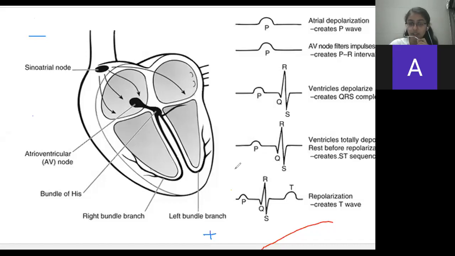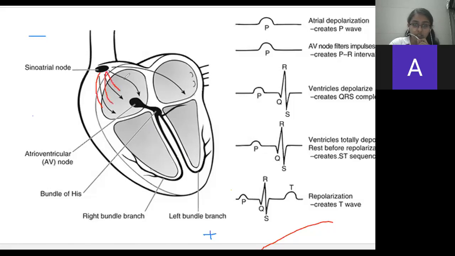Okay, so this is because first we are taking the standard lead as lead 2, which has a negative charge here and a positive charge here. There is always a galvanometer attached to the electrocardiogram machine, which records the flow of charges, the direction of flow of charges, and gives us these waves. When the electrical activity starts from the sinoatrial node, the charge will go here, here, here.